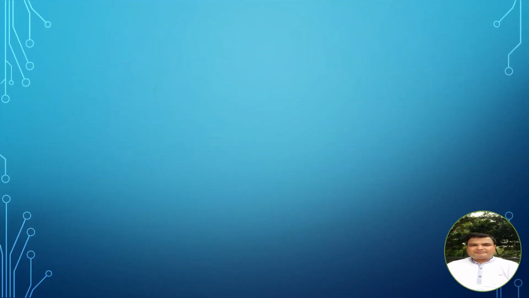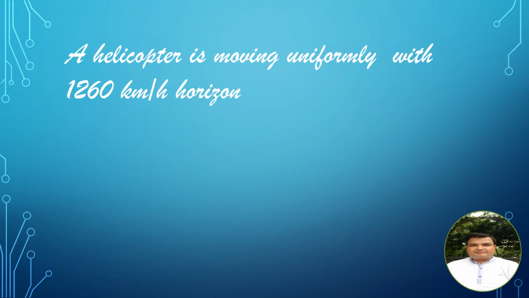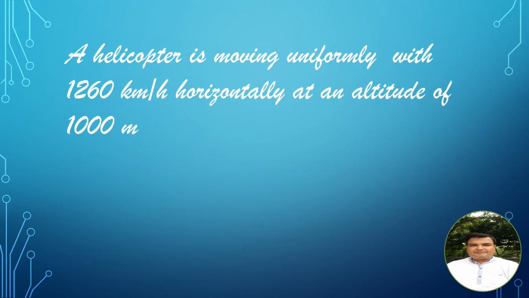Now we are in the position to solve a numerical problem on horizontal projectile. Let's take a helicopter that is moving uniformly with 1260 km per hour horizontally. You can take it as the x-axis, at an altitude from the ground of 1000 meter.